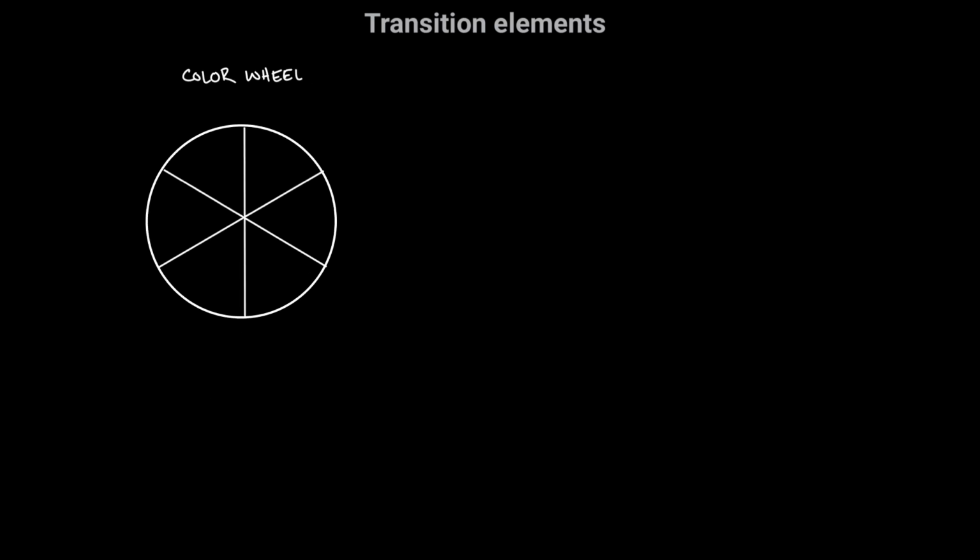For the color wheel we have the following colors: purple, then blue, then light blue or cyan, then green, then yellow, and then red. So this is the color wheel that we have, and we can use it to determine the color of a complex ion.